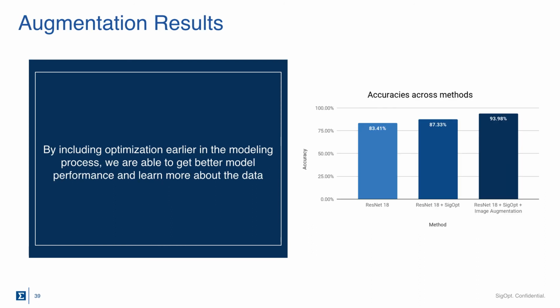And with our augmentation results, we see that by including optimization earlier in the modeling process, we are able to get better model performance and learn more about our data. And we're able to leverage techniques such as Bayesian optimization to really inform classically trial and error processes and leverage information we know about our model to really guide these unsupervised techniques.